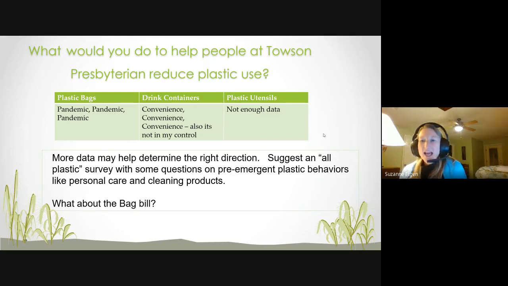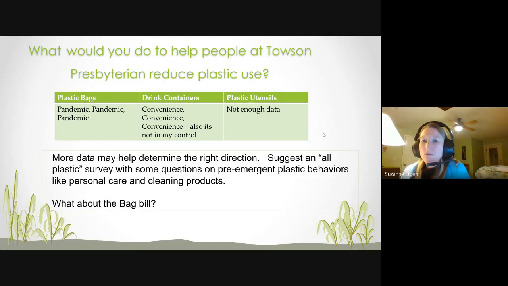And so here's my suggestion for Towson. I think with an overall plastics focus, since we know you want to focus on big picture awareness, which will bring some people along. It'll bring that first 15%, and that's not too shabby.